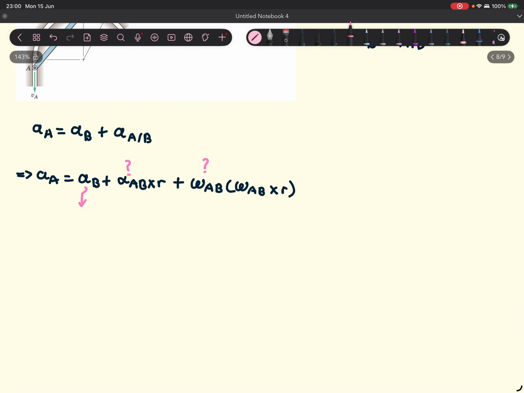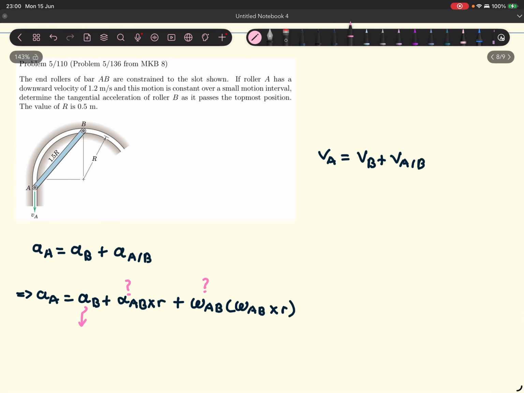So if you look at point B, right, point B has to travel along this arc over here, right?